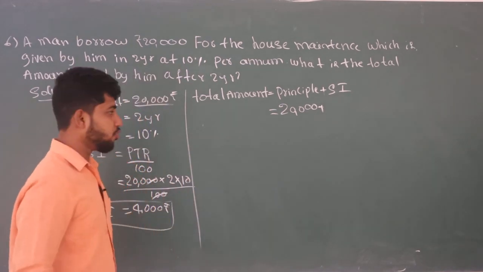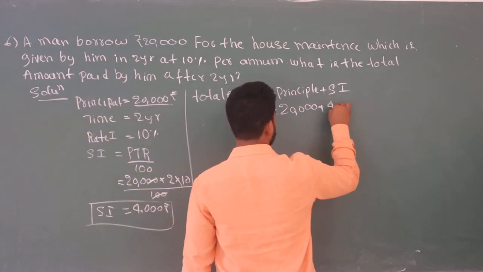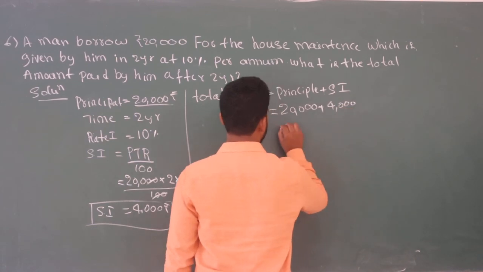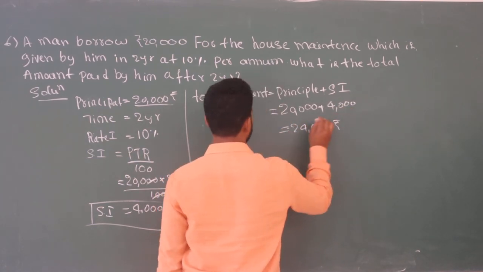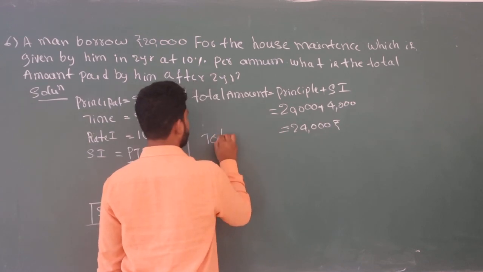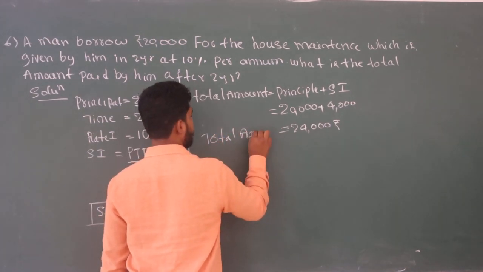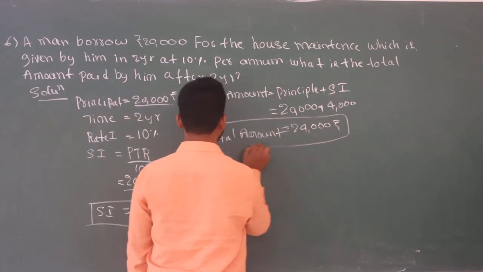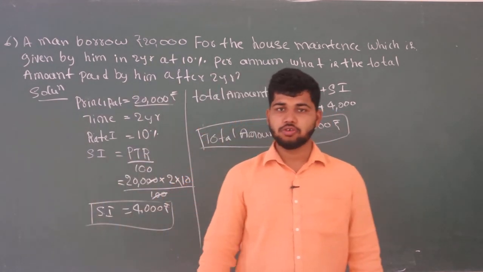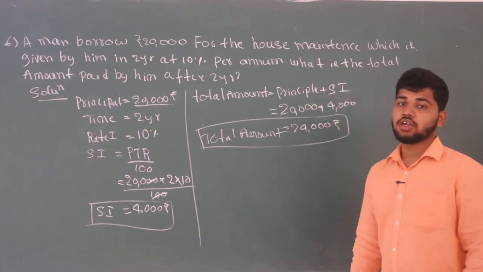Simple interest is equal to 4,000. Now, 24,000 rupees. The total amount is 24,000 rupees.